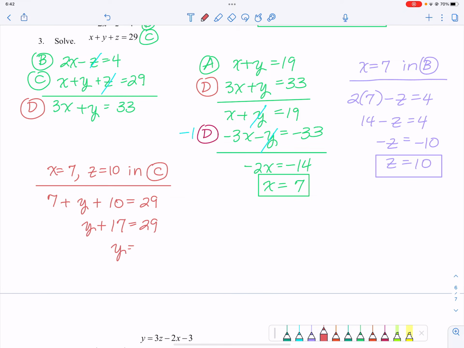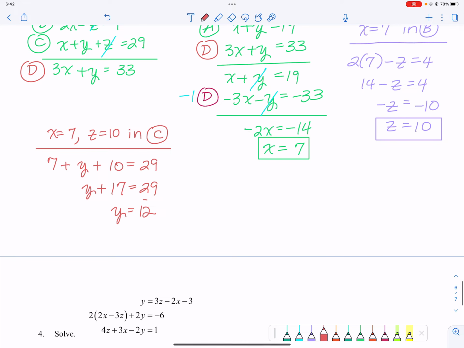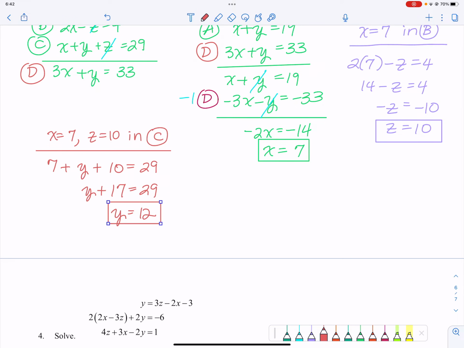And as you can see, Y is equal to 12. So our solution is 7, 12, 10.